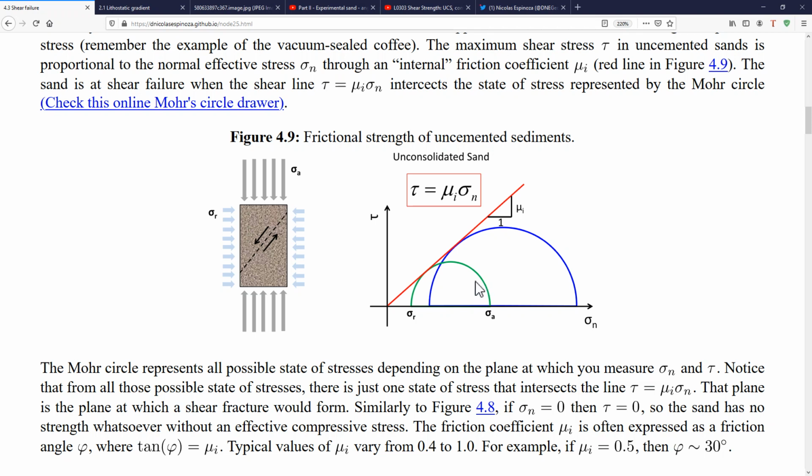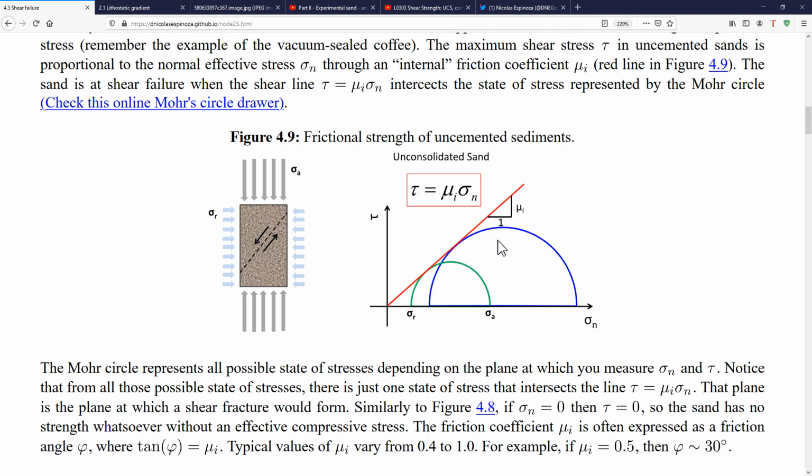But for now, just remember that the Mohr circle is just telling us all the possible combinations of shear stress and effective normal stress. And once it gets to the maximum value, it's going to touch this line, and that's going to mean that if the Mohr circle is touching the shear yield line at this point, it is a failure, and that's also going to have a physical representation, which in this case is going to be a plane of failure within the sample.